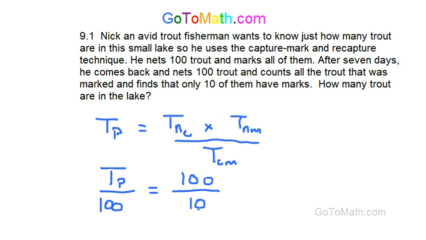See that? Okay, and now we want to approximate what is the total population? So basically what we're doing here is just solving for T, the total population. This is what we're guessing the total population is, an estimation anyway.